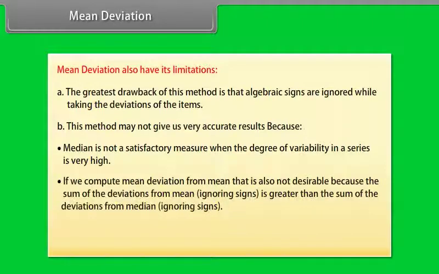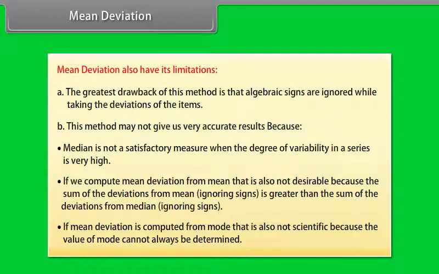If we compute mean deviation from the mean, that is also not desirable because the sum of the deviations from the mean, ignoring signs, is greater than the sum of the deviations from the median, ignoring signs. If mean deviation is computed from the mode, that is also not scientific because the value of the mode cannot always be determined.